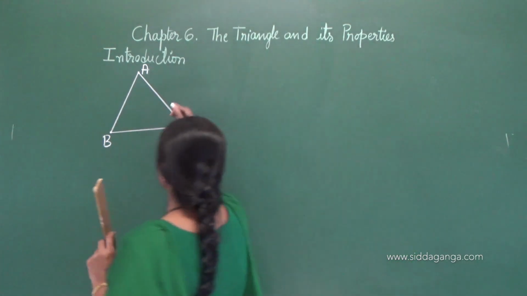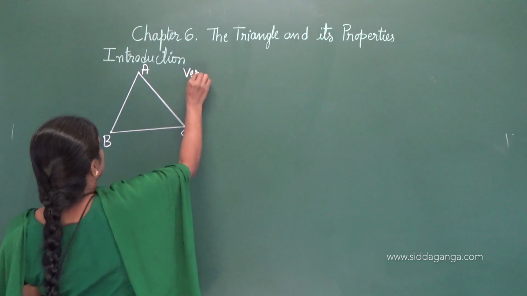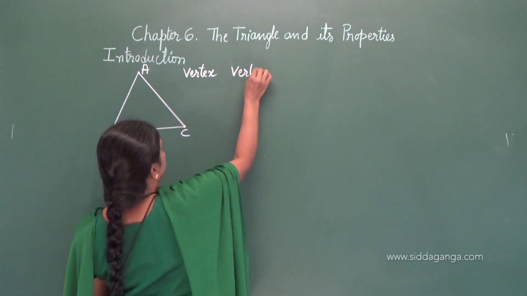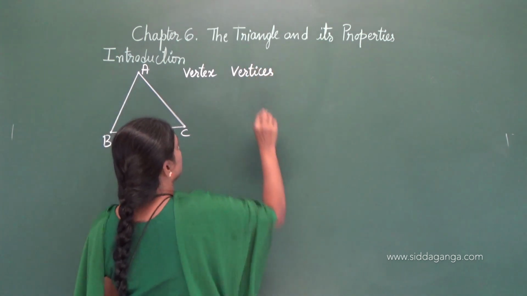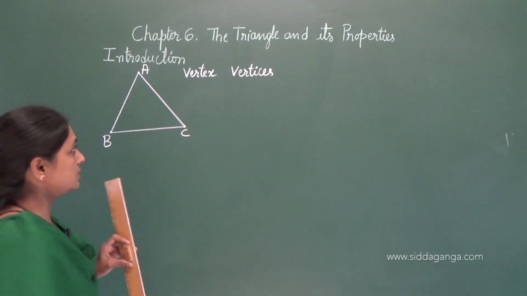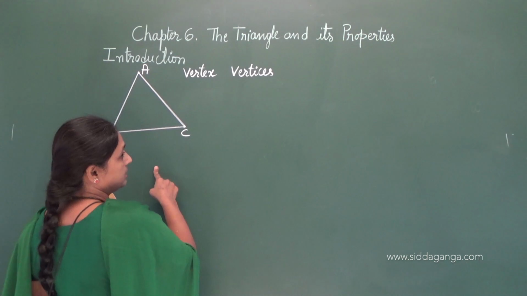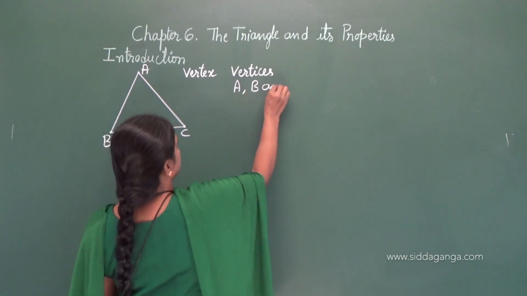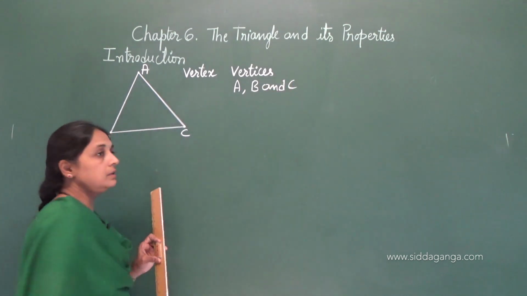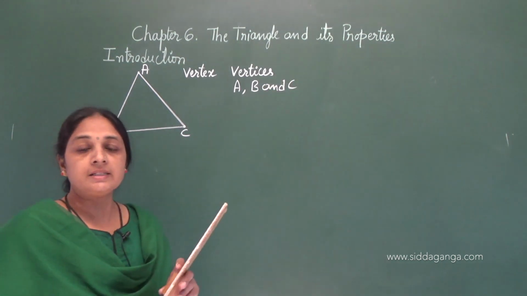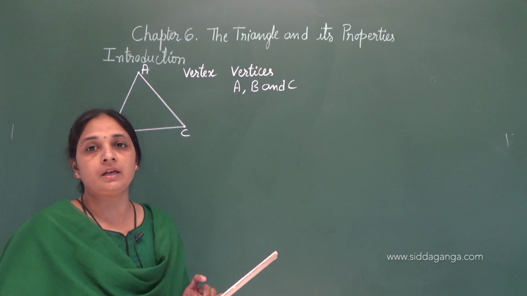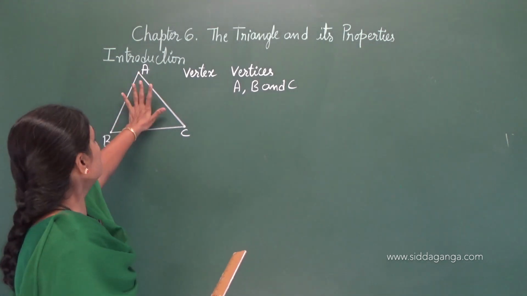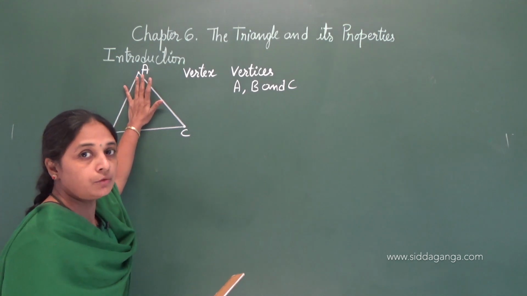Vertex is singular, and the plural is vertices. Okay, so these are the vertices. Which are the vertices of triangle ABC? A, B and C. These three line segments meet at their end points and they make this plane figure.